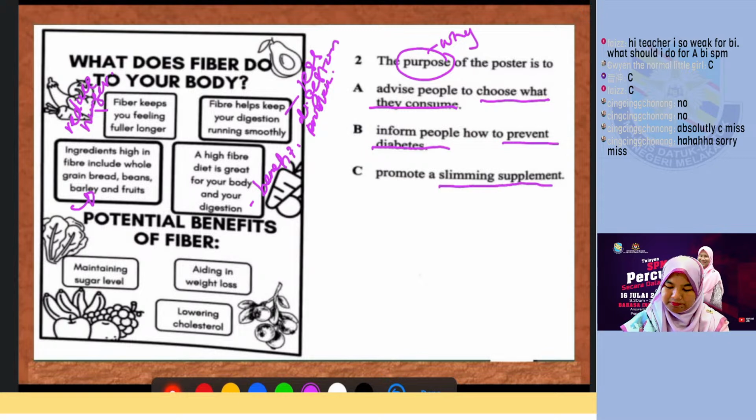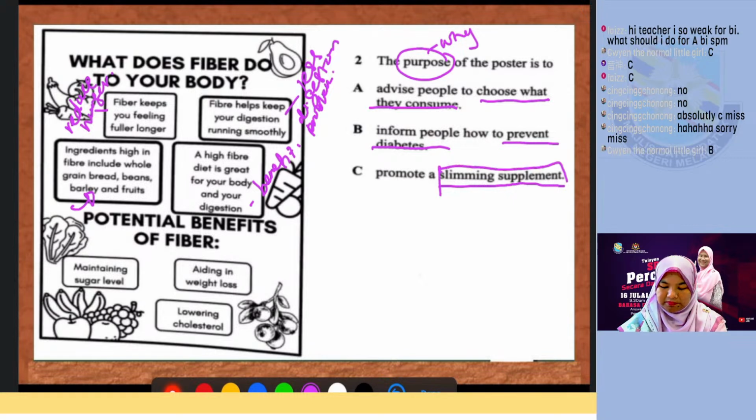Slimming supplement. Based on these three options, can you identify the obviously wrong one? To identify the obviously wrong answer, you need to match it with the text and decide which one is not even mentioned in the text. Let's go to C. Promote a slimming supplement.